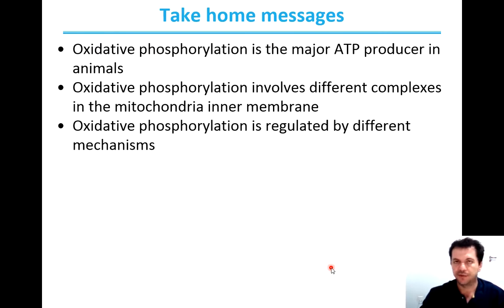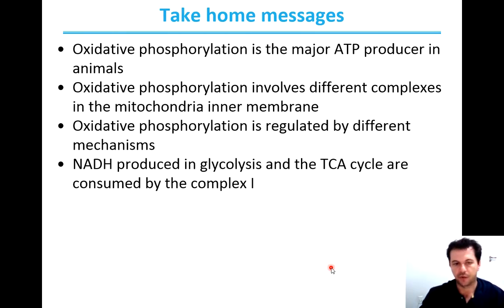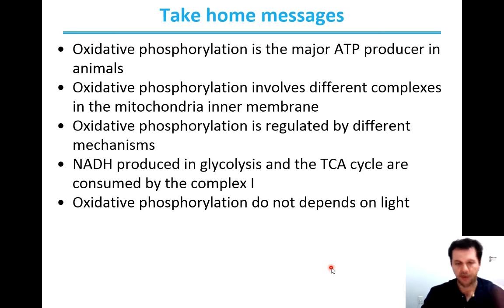It's regulated by different mechanisms, mainly allosteric regulation by ATP, ADP, NAD, NADH, but also redox regulation. Again, the NADH produced in the previous steps in glycolysis and the TCA cycle is used as substrate for complex 1.